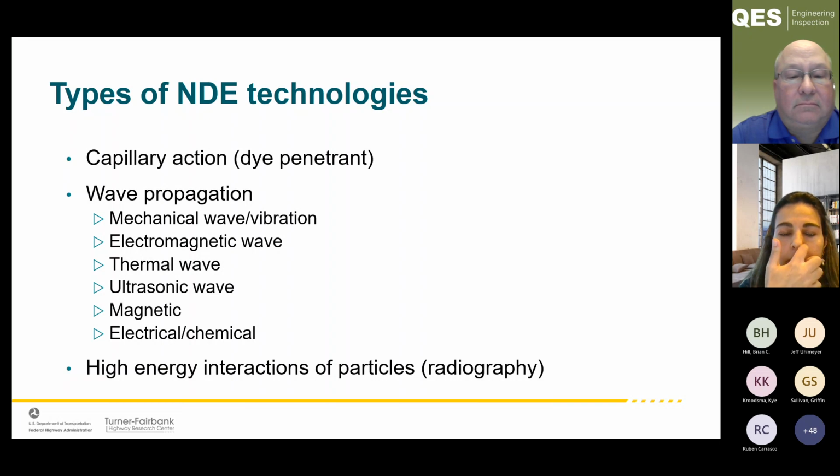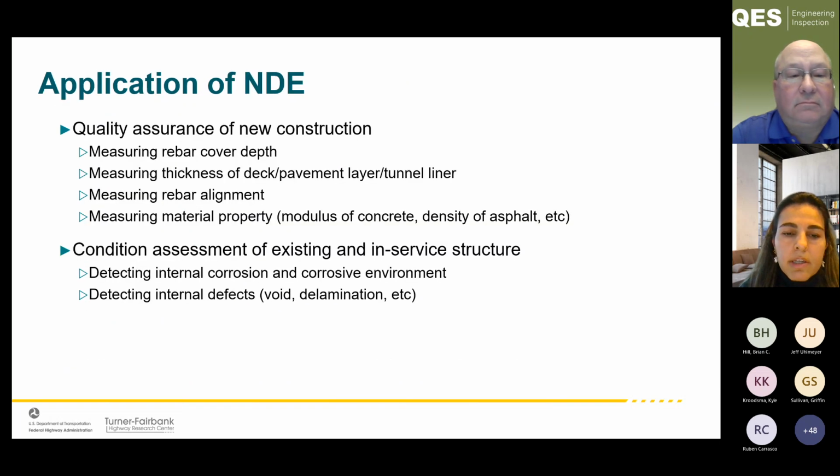It ranges from mechanical wave to electromagnetic wave, and so on. So we have a variety of NDE technologies, and we have a list of different applications for NDE technologies for quality assurance of new construction and for condition assessment of existing and in-service structures.